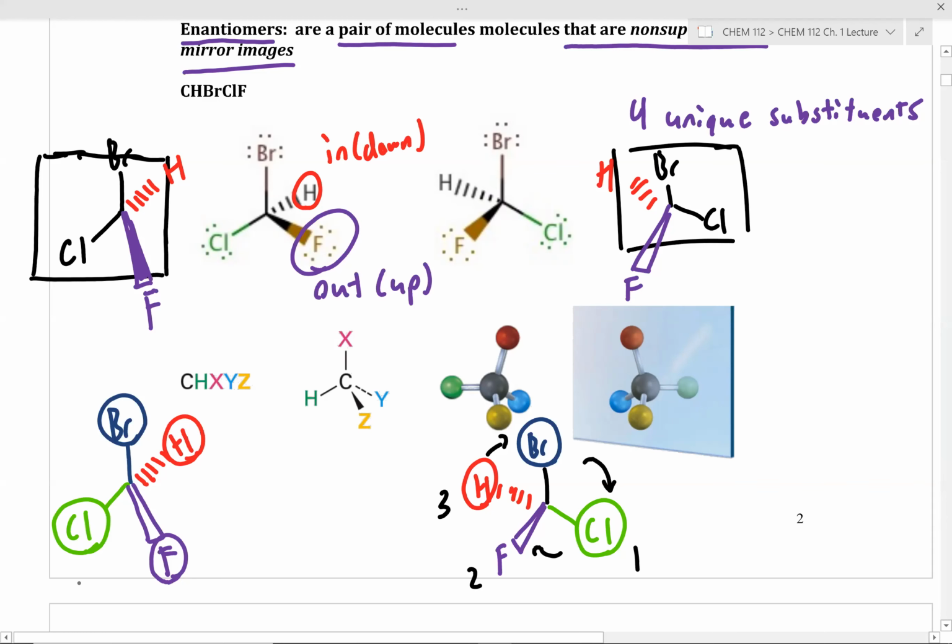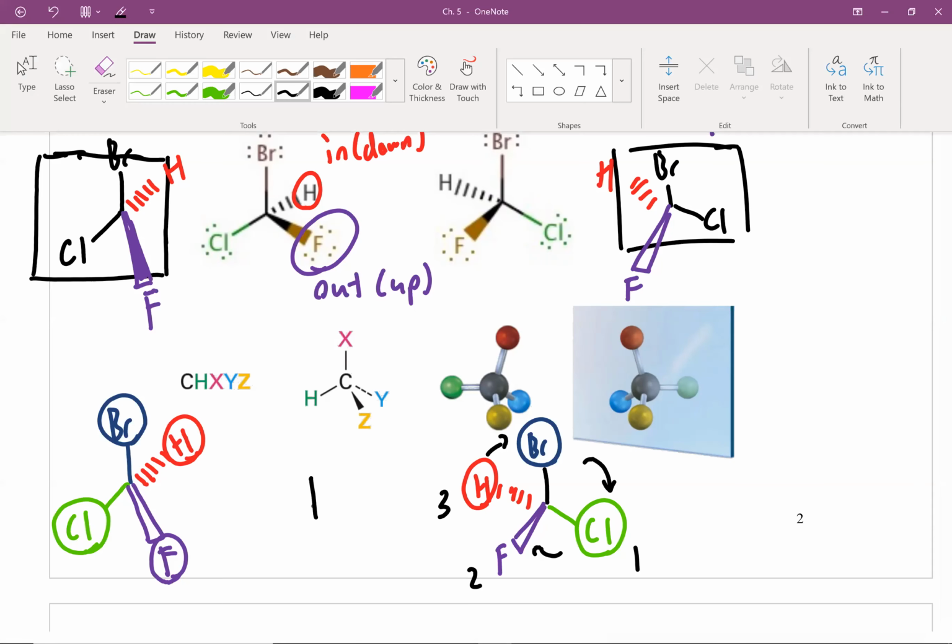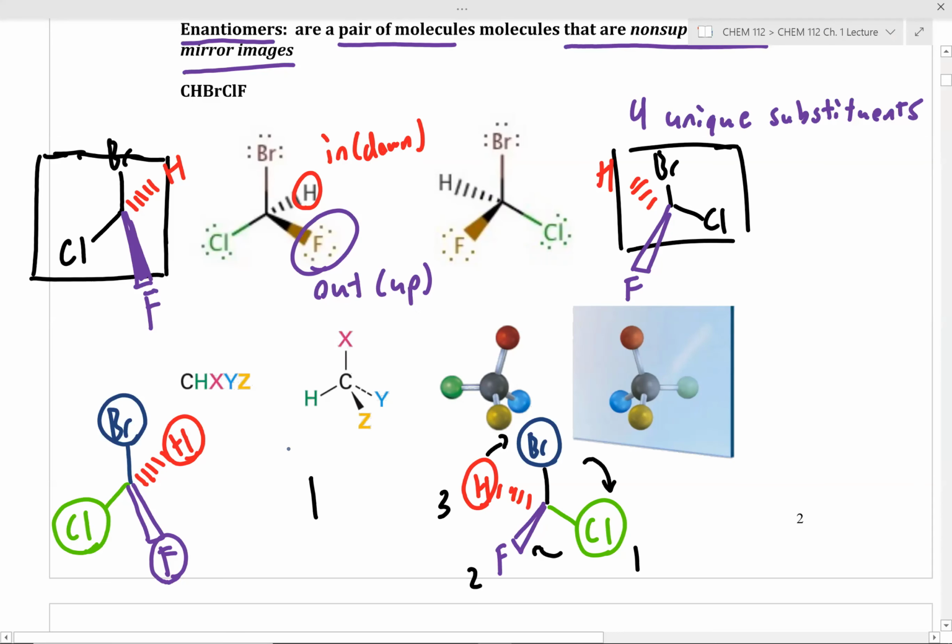So if we rotate our substituents clockwise, we'll end up with the following structure. Our bromine is not being rotated, it's still on top. Okay? Our chlorine, as it's rotated clockwise, is now going to be on the left-hand side.